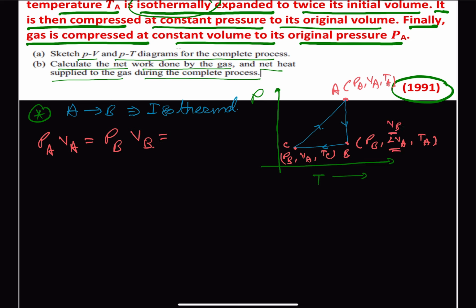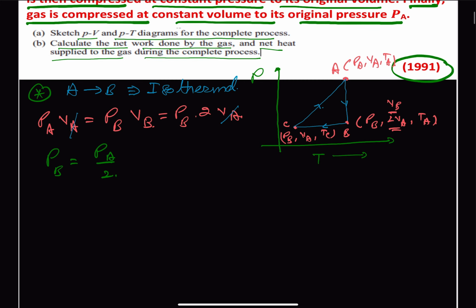So we can write this as PB into twice of VA, and this VA and VA cancel out, so we get that pressure at B is equal to half that of pressure at A.